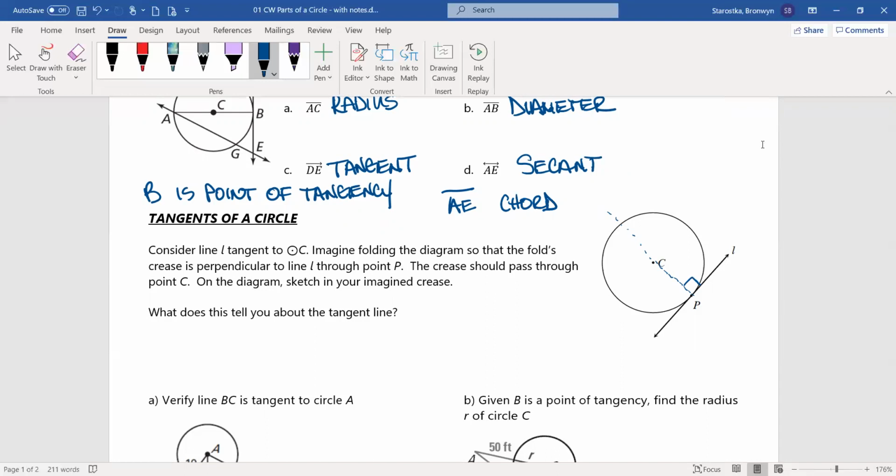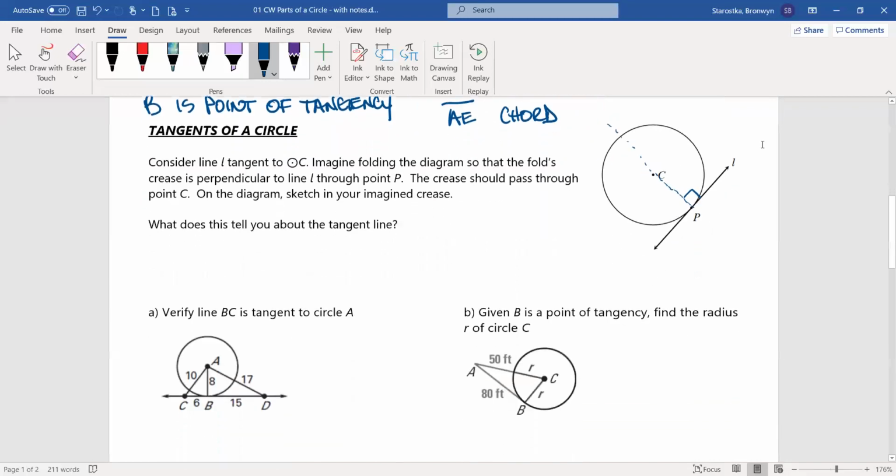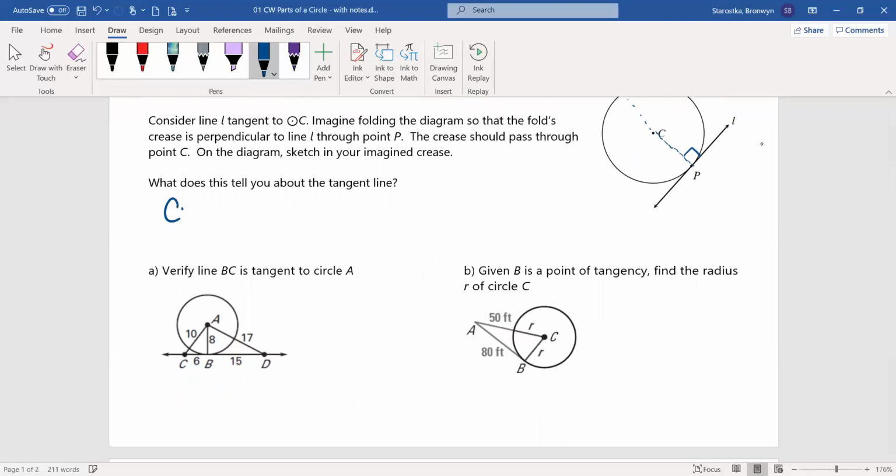Notice it said the fold's crease is perpendicular. So what does that tell you about the tangent line? It's going to tell us that CP is perpendicular to line L. And if it's perpendicular, it's a 90-degree angle.